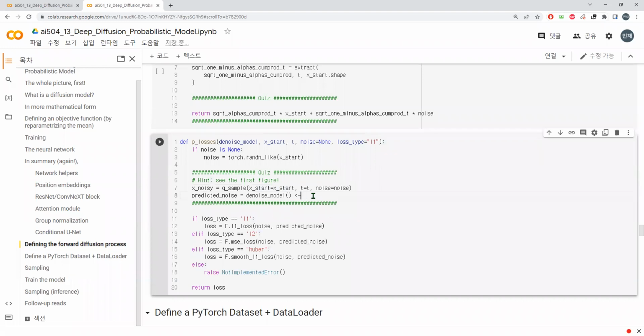And the second one, this x. What should this x be? x_noisy. And time should be t. You can skip this argument. This is the answer.